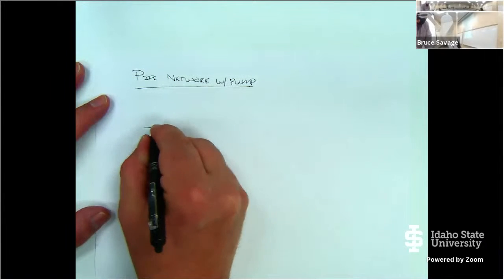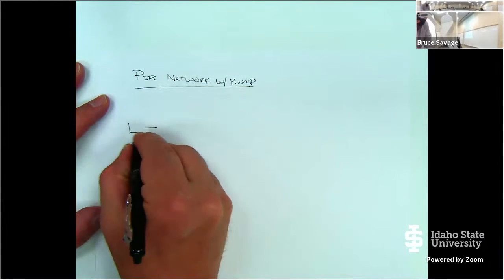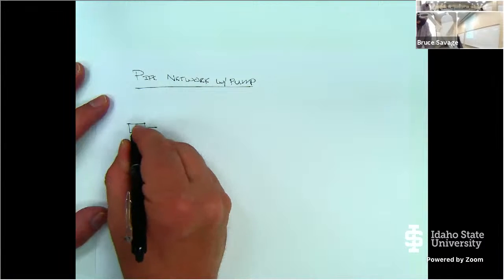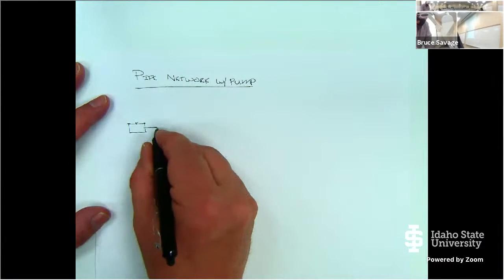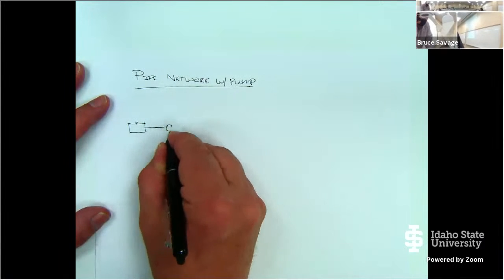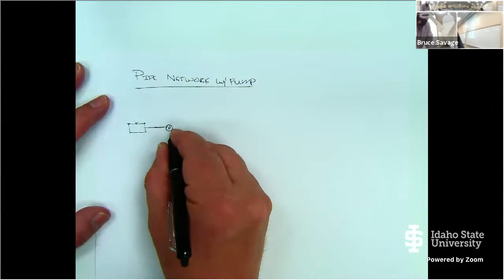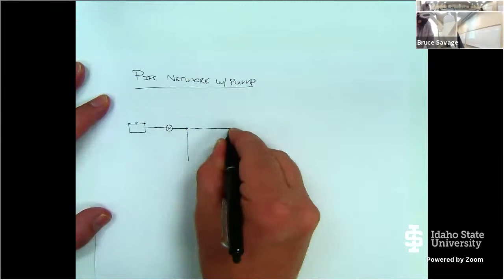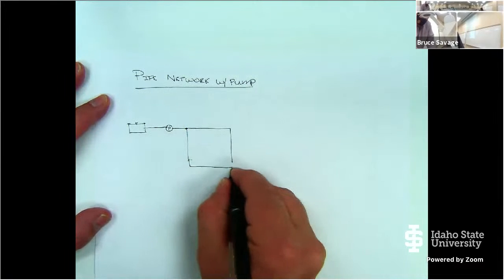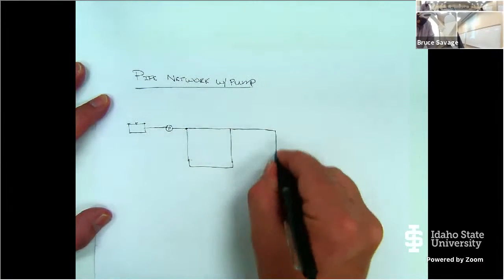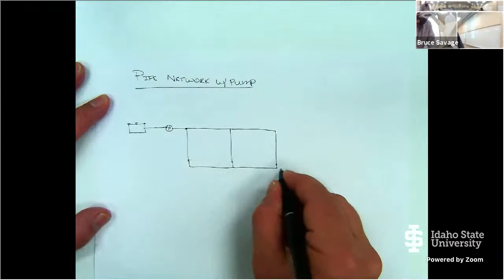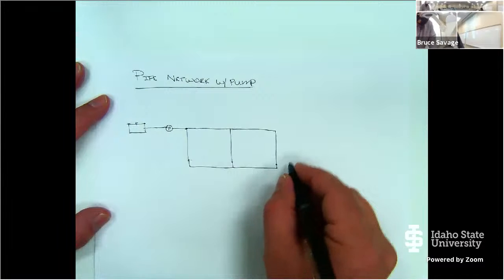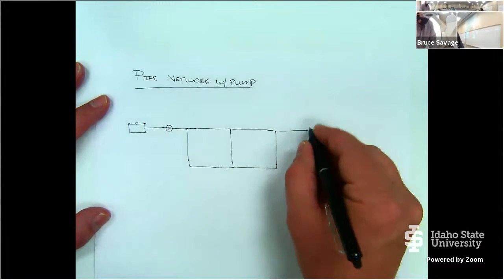Imagine, if you will, we've got a reservoir over here, some elevation, we'll define that in a minute. We come to some pump right here, and then we continue over to a pipe network, and I'm going to make a simple pipe network. Now let's keep it really simple.